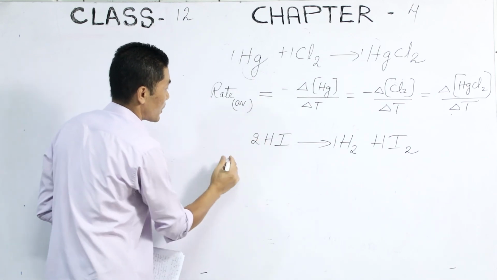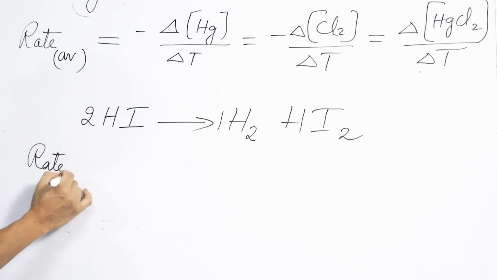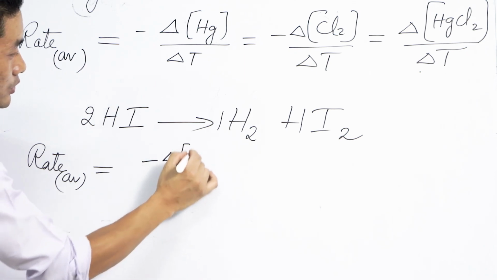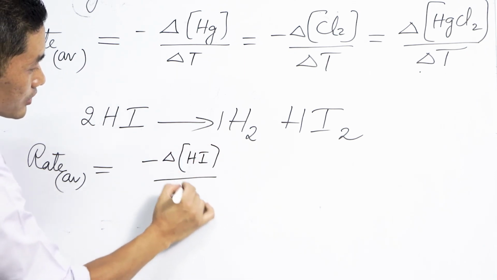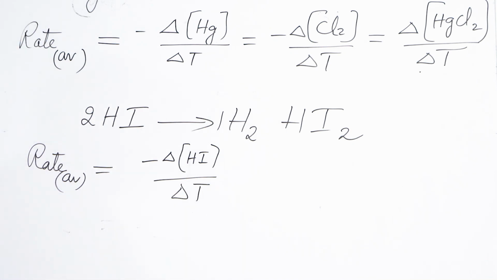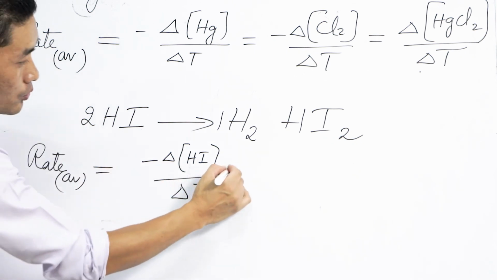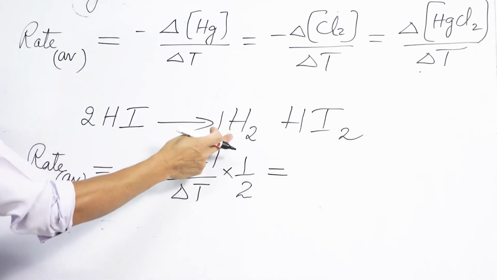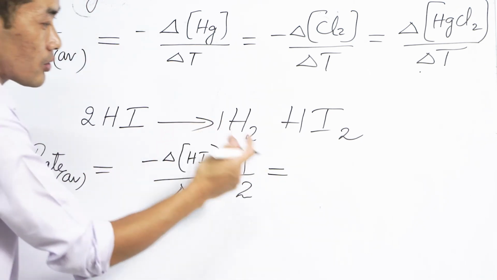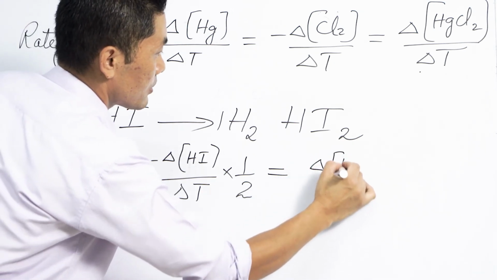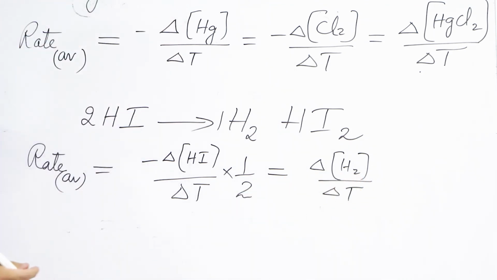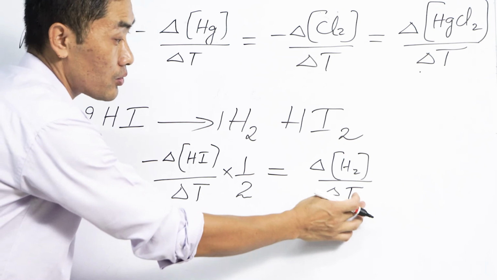Let us try to understand it like this. Rate of the reaction will be equal to the change in concentration of hydrogen iodide divided by change in time. This will be divided by the stoichiometric coefficient, that is 2. So we write 1 by 2 here. Here, the number of moles is 1 only, so the change in concentration of hydrogen divided by change in time will be divided by 1 only.